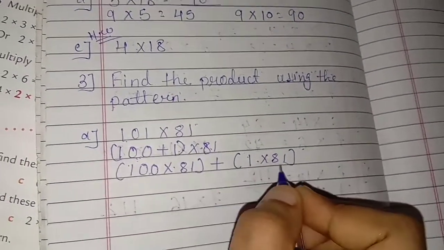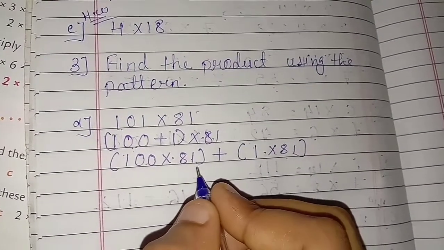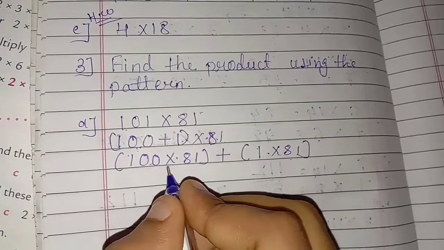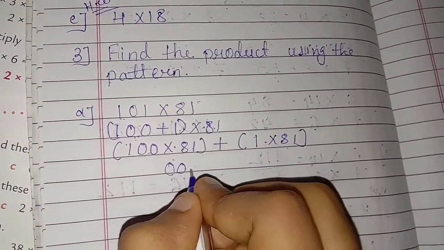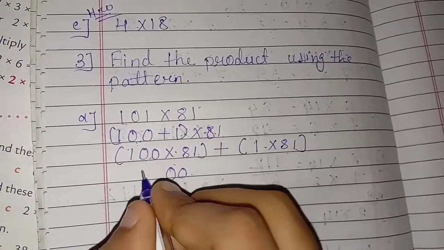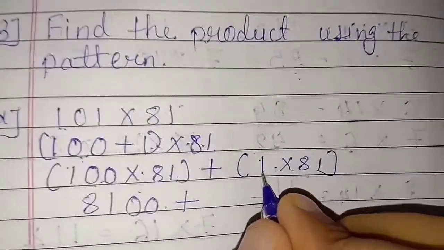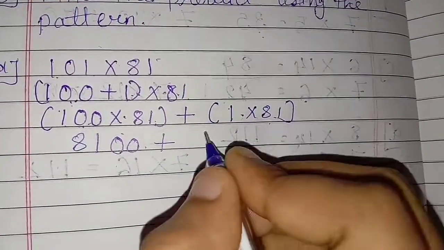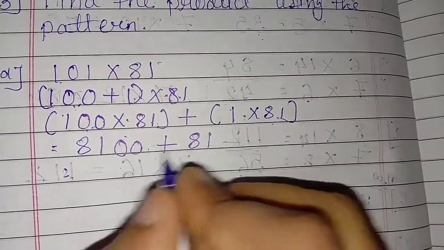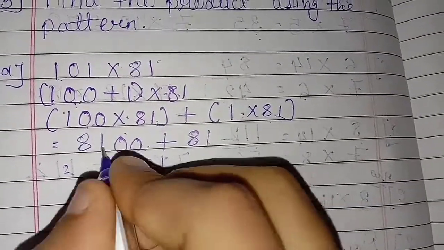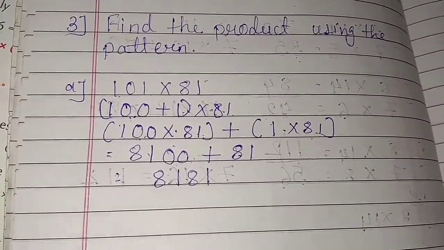Whenever zeros are given in multiplication, you write them as it is: the two zeros as it is, and 81 ones are 81. Whenever we multiply by 1, the answer is the number itself, so it is 81. Now what is the answer? 1 plus 0 is 1, 8 plus 0 is 8, 1 as it is. 8181.